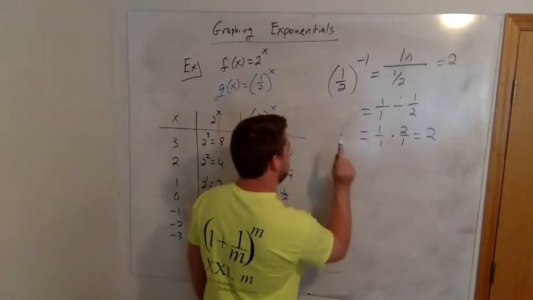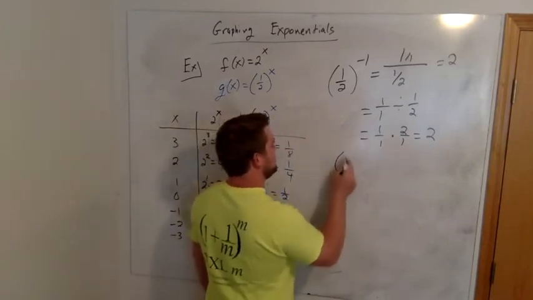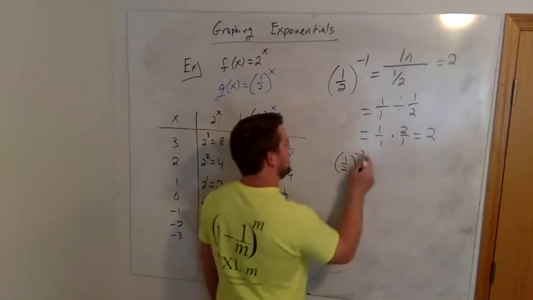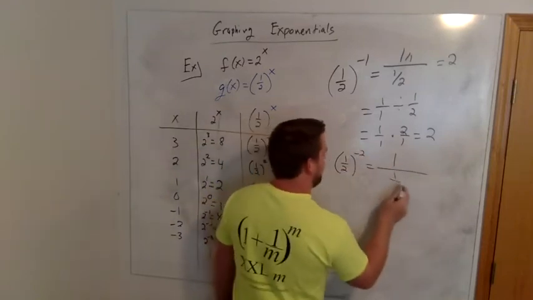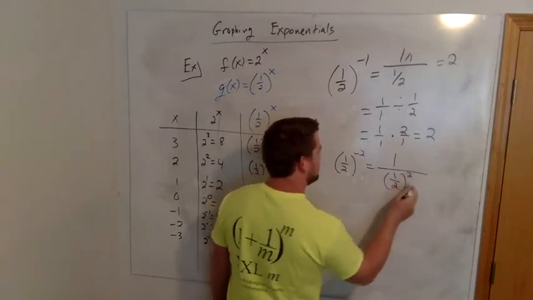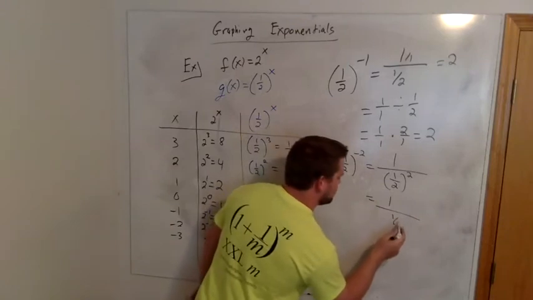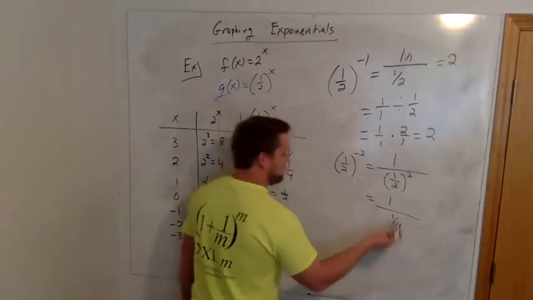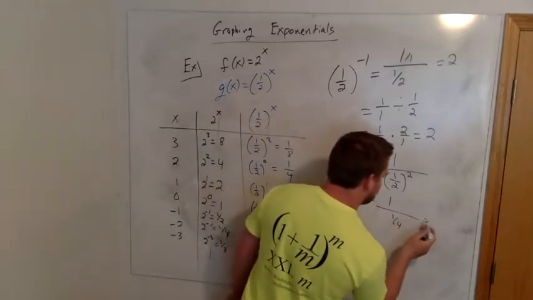Similarly, if we did 1/2 to the -2 power, this says divide by 1/2 twice. So this is 1 divided by 1/2 squared, which is 1/4. And this, how many times does 1/4 go into a whole? How many quarters are in $1? 4.